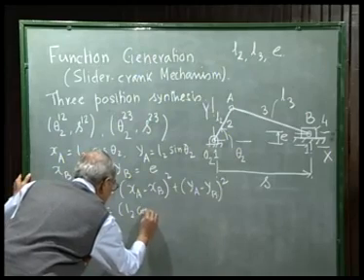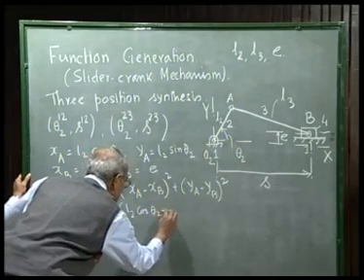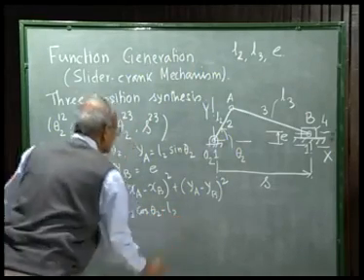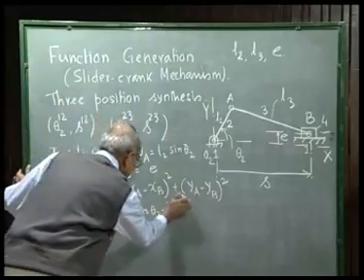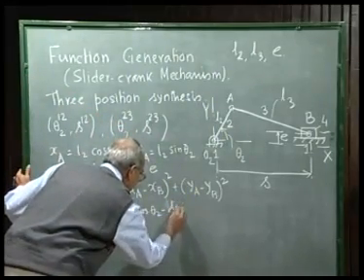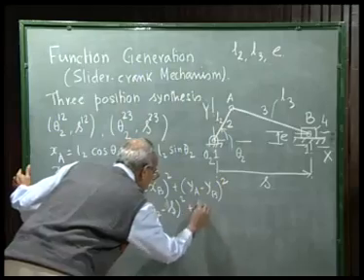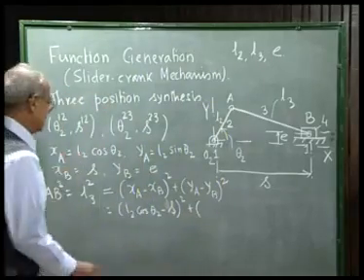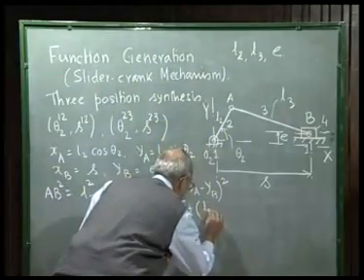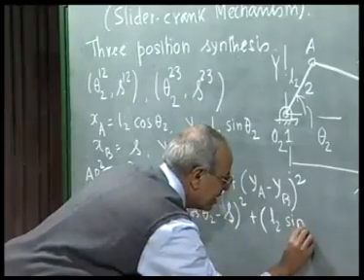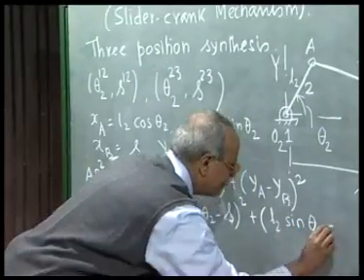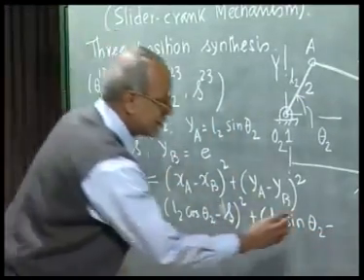L2 cosine theta 2 minus XB, which is S, whole squared plus YA, which is L2 sin theta 2, minus YB, which is E, whole squared.